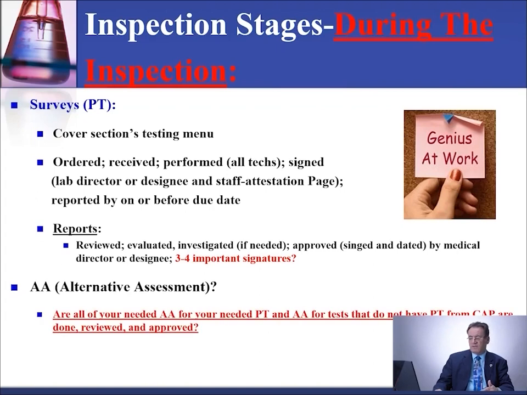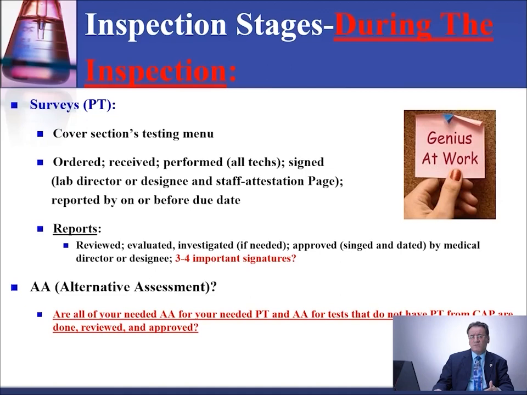If you have an alternative assessment, and usually you do, alternative assessment you do for the test that CAB does not have BT4, or for the things you need to confirm if you could not determine from the CAB report that you are within the peer group or not. So they want to see a list of that.